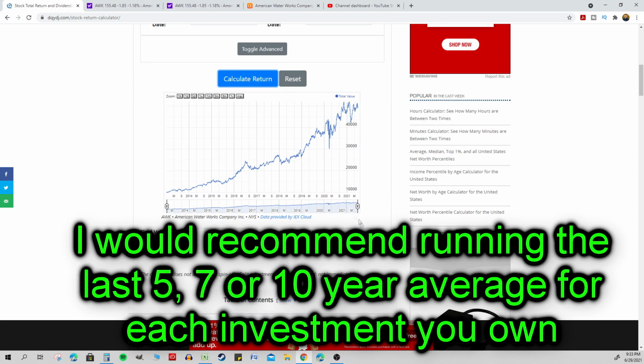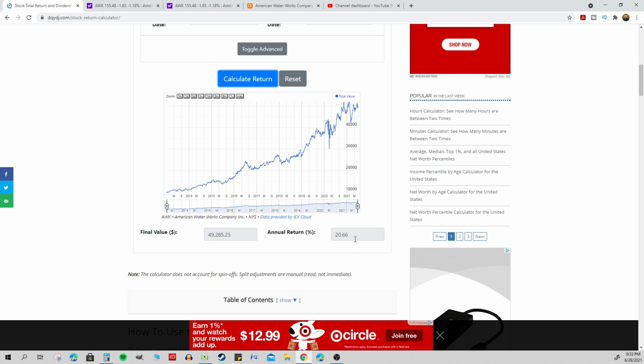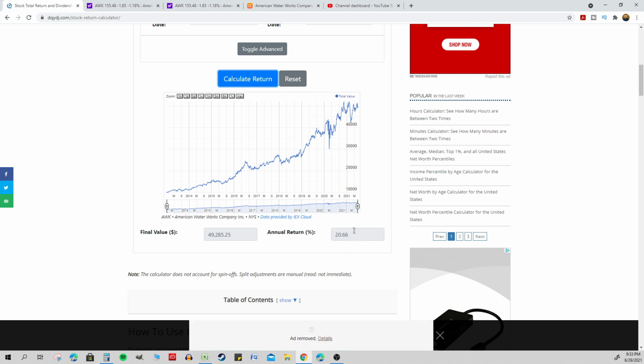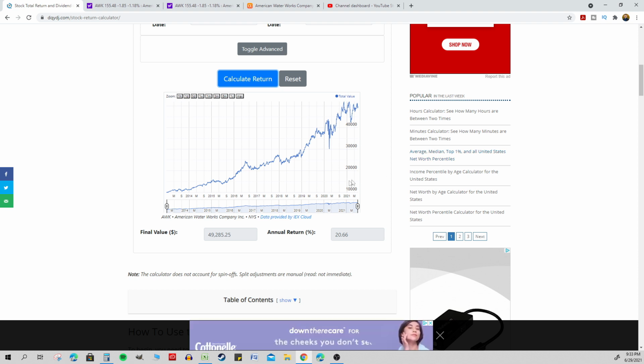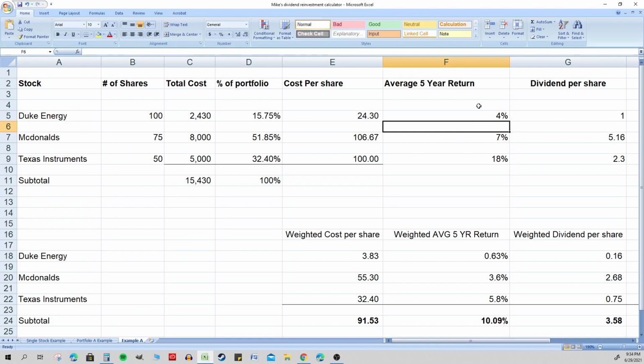Just remember that this is the total return it's going to give you. So you want to make sure to back out the yield, if it has one, by subtracting it to get the capital appreciation portion of the growth, and not the yield itself, because the yield is separate from capital appreciation. So that's where you can find the total return averages information.